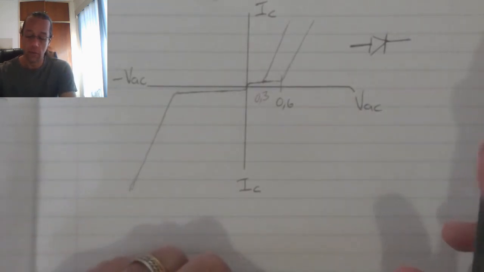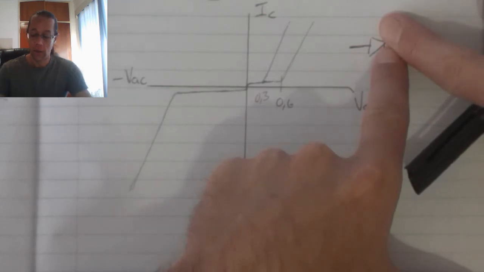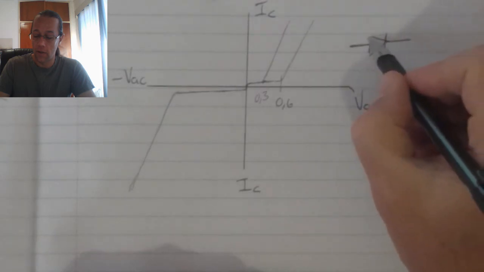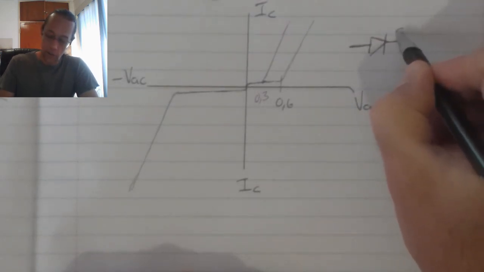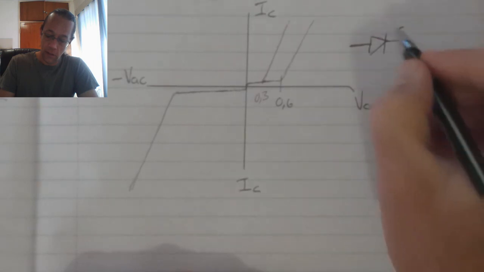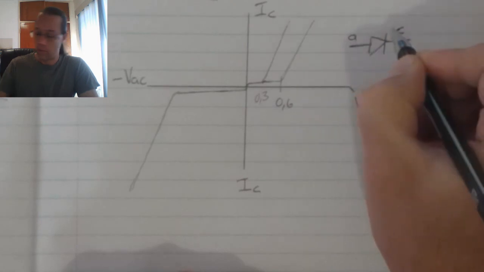Now, all semiconductors somewhere do have an arrow. That arrow always points towards the N-type material, which means that arrow indicates that this is my cathode, which means that this side is my anode.